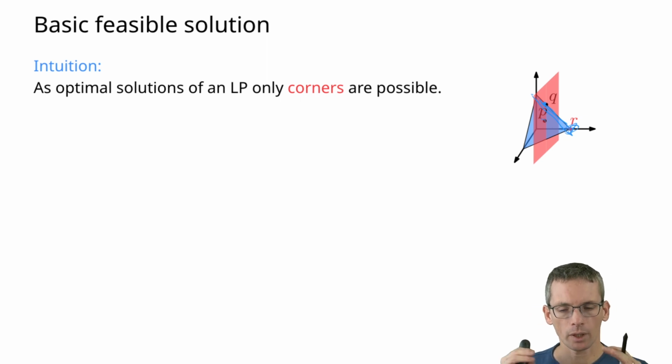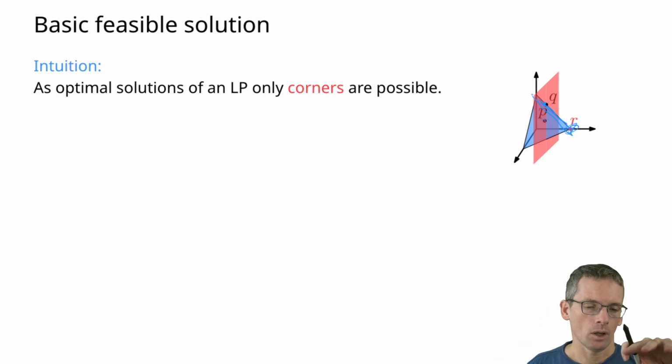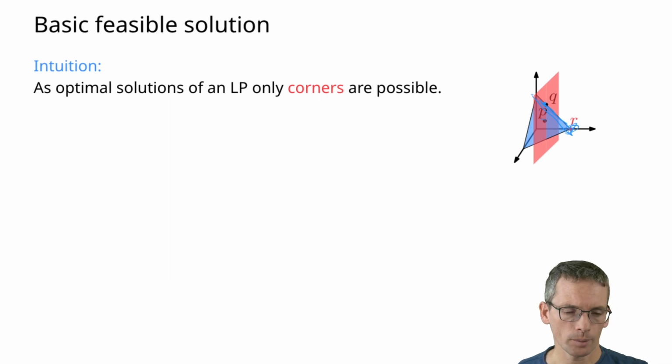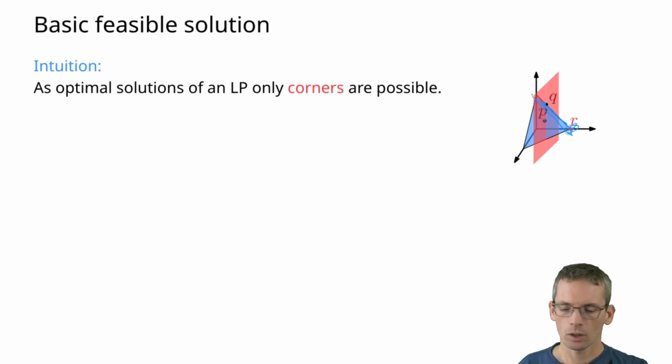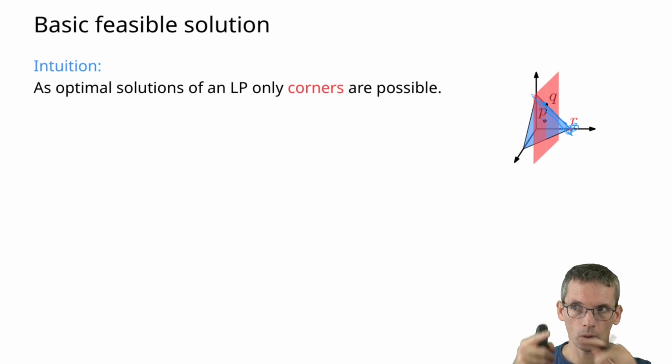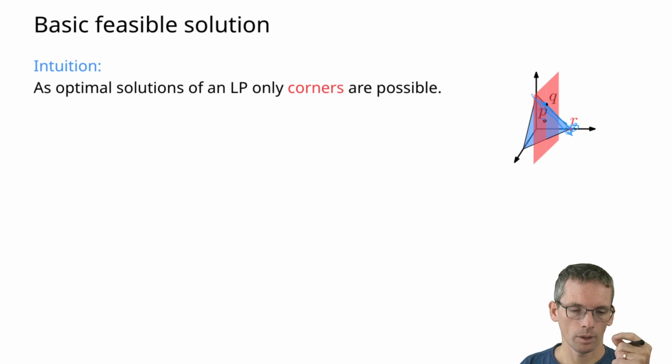And now we want to take a closer look at properties of those corners. There we can make the following observation. We have our affine subspace, in this case a two-dimensional space, and it's two-dimensional because overall we have a three-dimensional space, defined by one equation in this case, and this gives us a two-dimensional space.